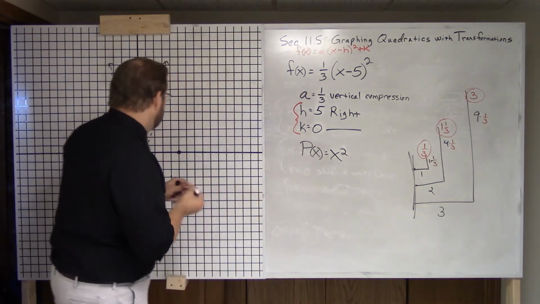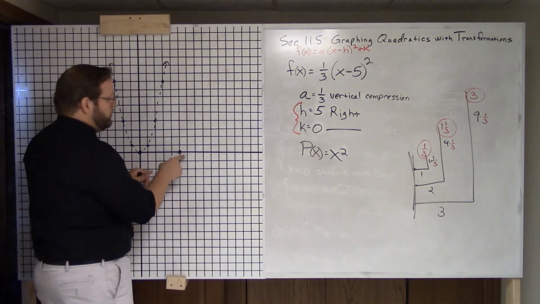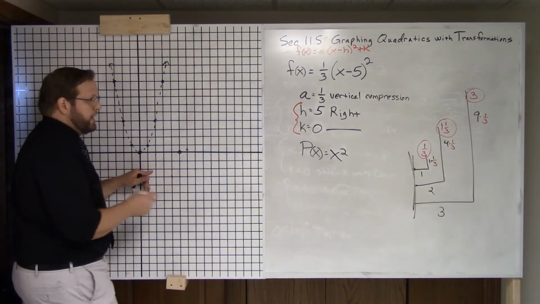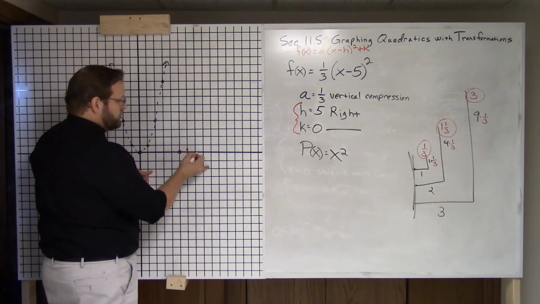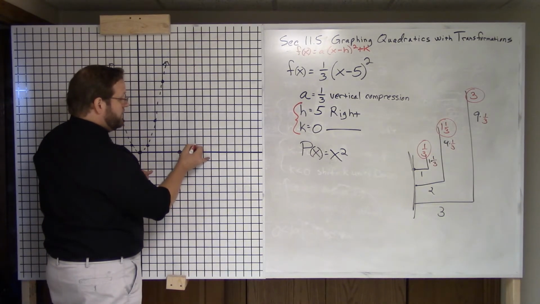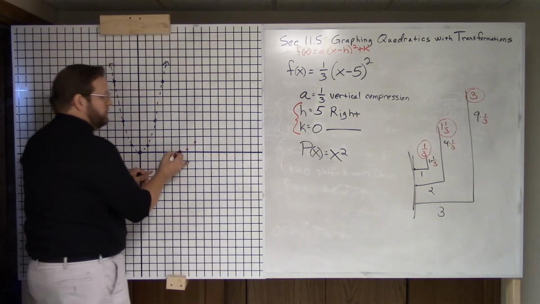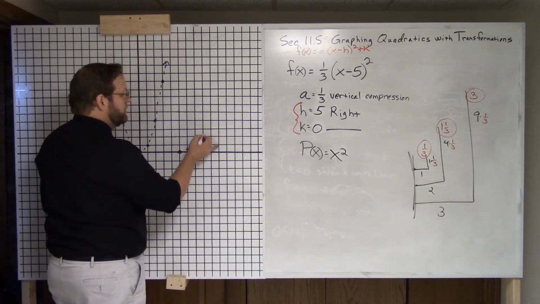So what I'm going to do from this new vertex is I'm going to go, instead of right 1 up 1, I go right 1 up about 1/3. I go back from the vertex, right 2 up 1 and 1/3. Go back, right 3 up 3.